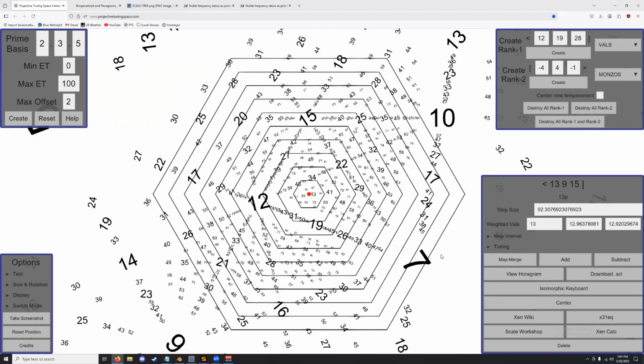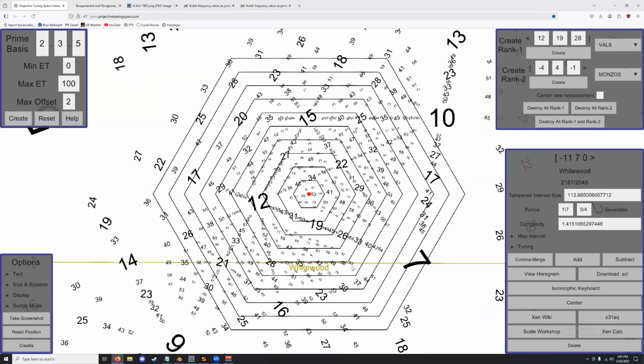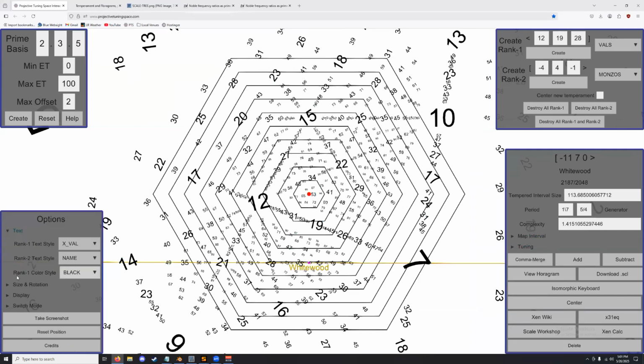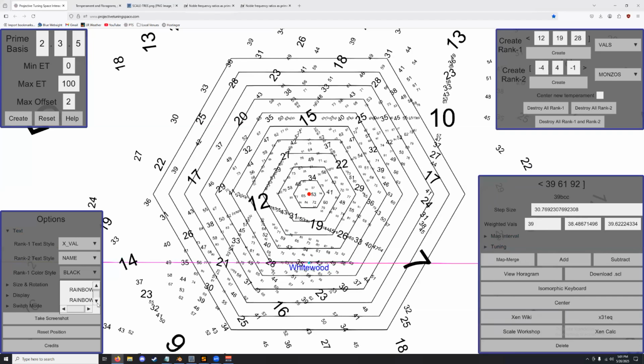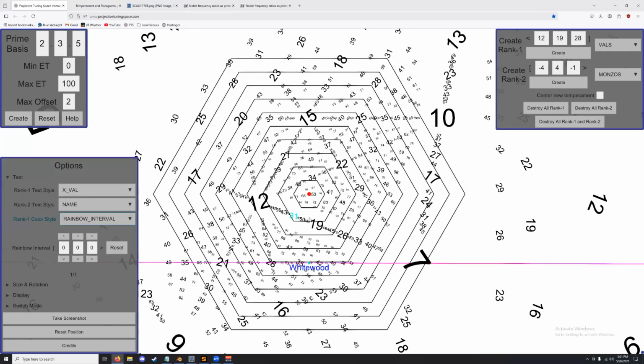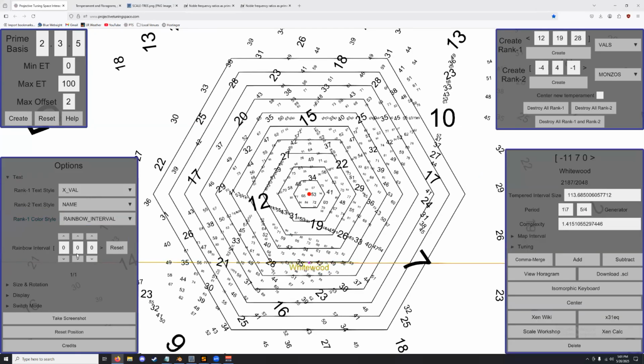Can I show one more thing? Yeah, sure. So for example, let's look at this whitewood comma, which is the apotome. Everything, everywhere besides here is tempered in some way. Along these axes it's not quite as tempered. If I go down here and put this comma into this rainbow interval here, it's going to color all the numbers according to that.